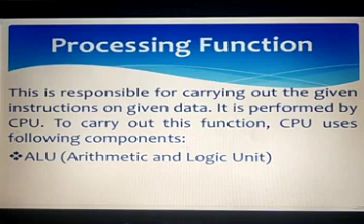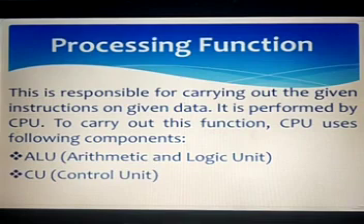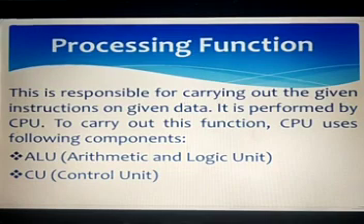ALU, Arithmetic and Logic Unit. It is responsible for carrying out arithmetic instructions or logical instructions. Next one, CU, the control unit. This unit is responsible for controlling the execution of instructions, one instruction at a time, and hence it supervises and controls the required components to carry out the instruction.